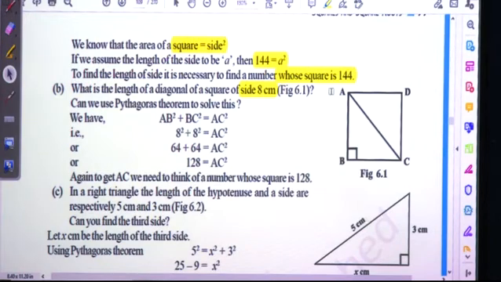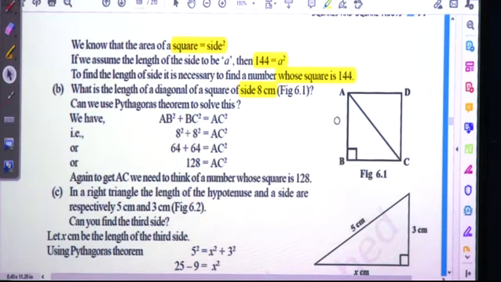We have AB square plus BC square is equal to AC square. This is by Pythagoras theorem. That is 8 square plus 8 square is equal to AC square, because all sides of the square are of same length. On that basis, each of the sides will be of 8 centimeter.